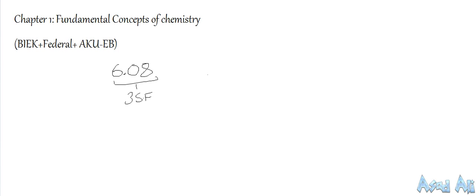Or if zeros are on the left of your number, as I have already told you, they are insignificant. So only two significant figures are in this value.